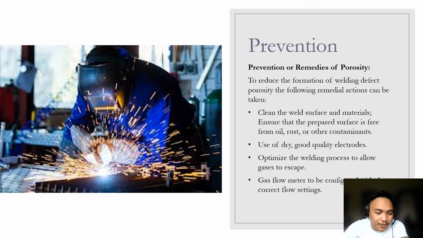Number two is use of dry, good quality electrodes. Number three, optimize the welding process to allow gas to escape. And lastly, the gas flow meter should be configured with the correct flow settings.